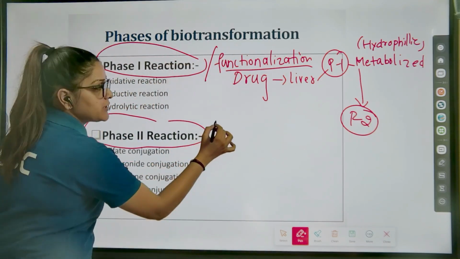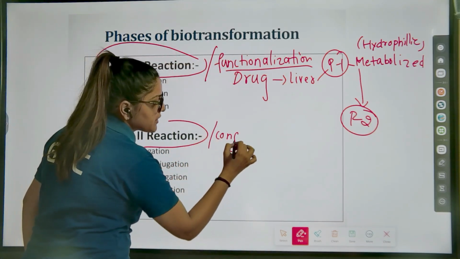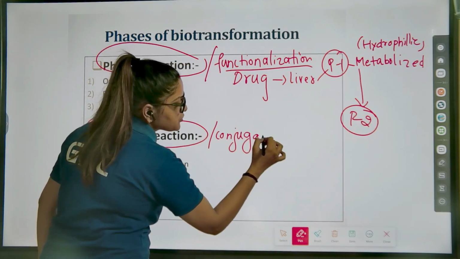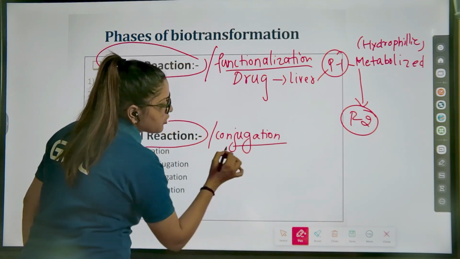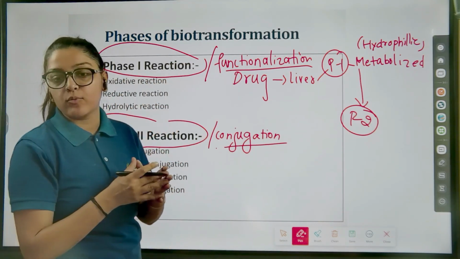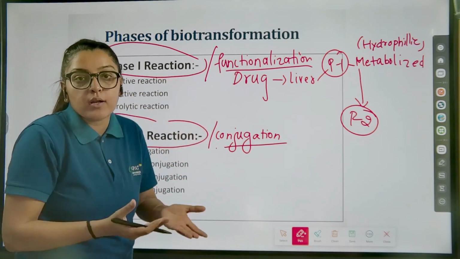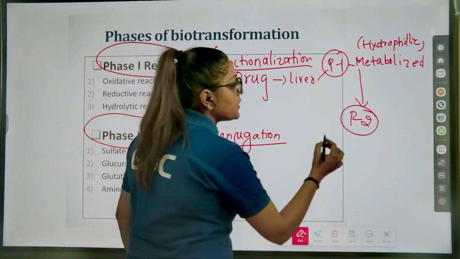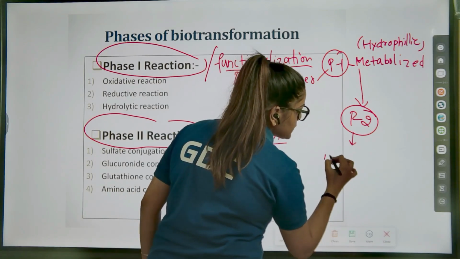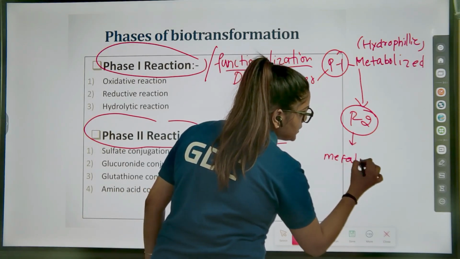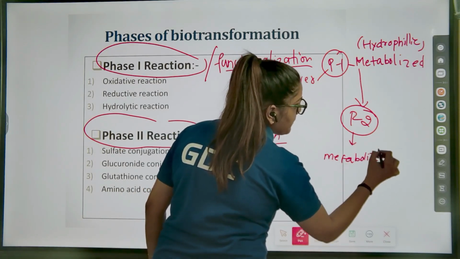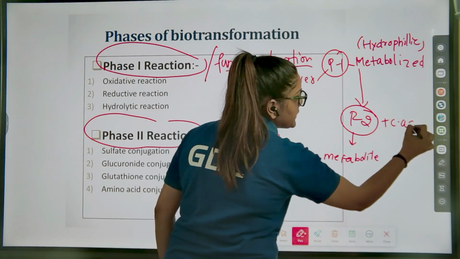In the phase 2 reaction we call them conjugation reactions. So phase 2 reactions actually add a conjugating agent to the metabolite, which converts it into a more hydrophilic form, right? So the phase 2 metabolite is formed by addition of a conjugating agent.